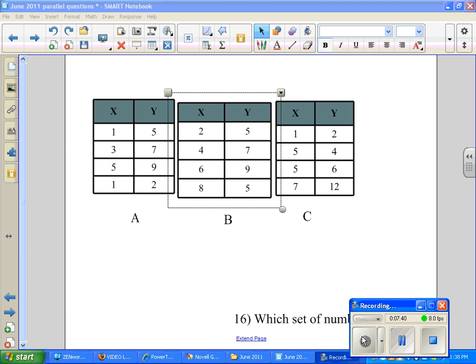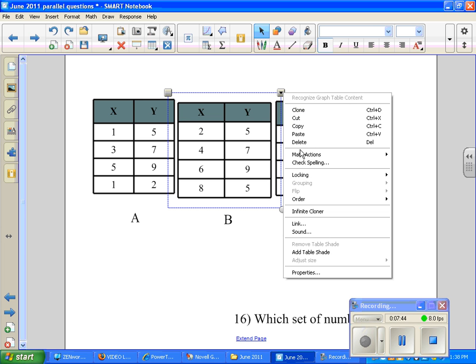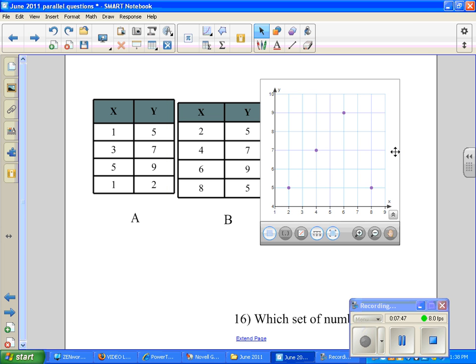Now if I grab the second one, we can take a look at the graph and we can see that there are no points above each other. So for every x, there is only one y. That's another reason why b is a function.